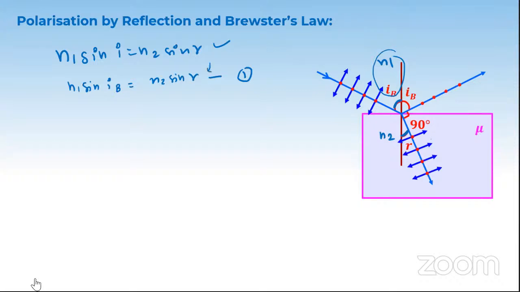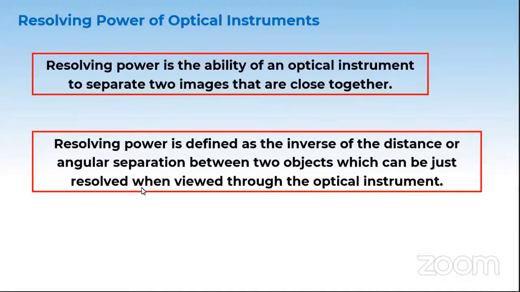I'm going to do one more small calculation. Resolving power is defined as 1 by theta, or 1 by angular separation. So what is this angular separation?